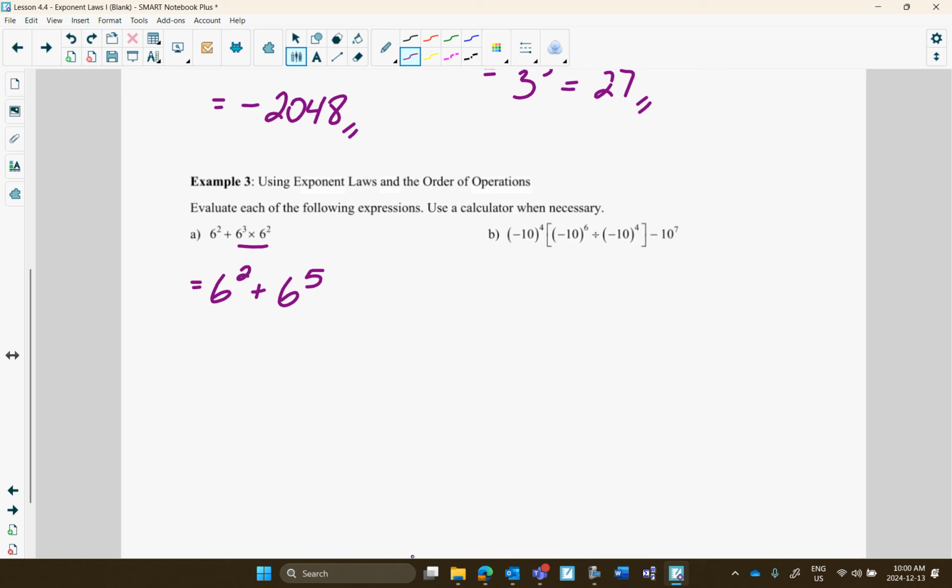Okay, now this we can't do. You can't make this 6 to the 7th. Why? Because it's not multiplication. So all I can do now is pull out my calculator, do that, and add them. So this is 36.